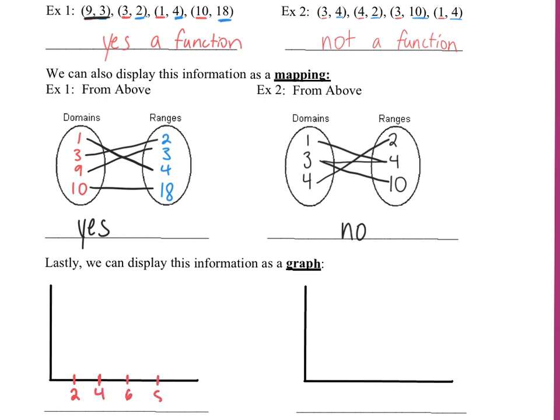You can go up by 1s though if you would like. Okay. Now on the y's, I just need to go from 2 to 18. I'm also going to go up by 2s. 2, 4, 6, 8, 10, 12, 14, 16, and 18.